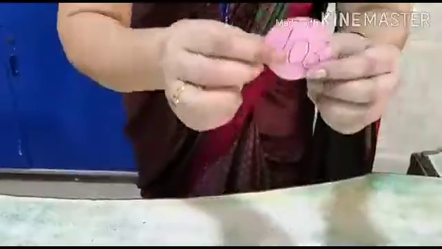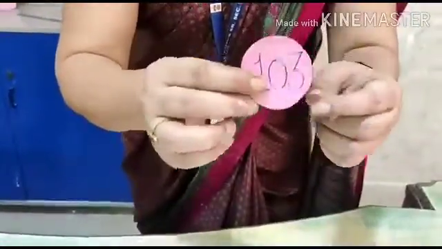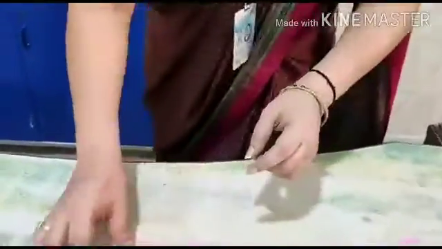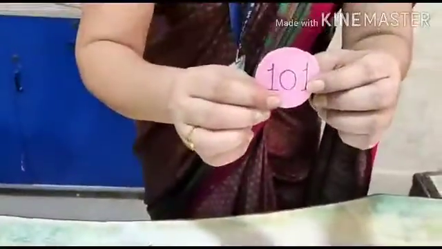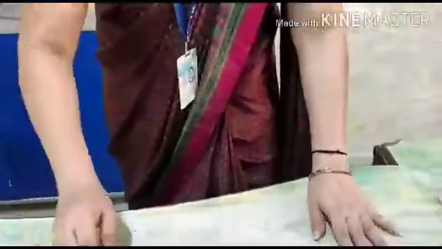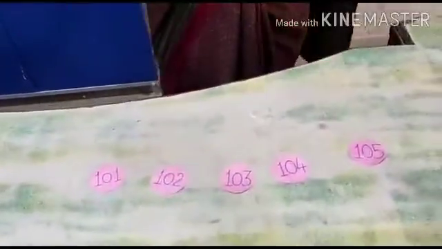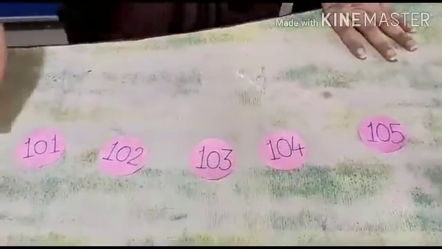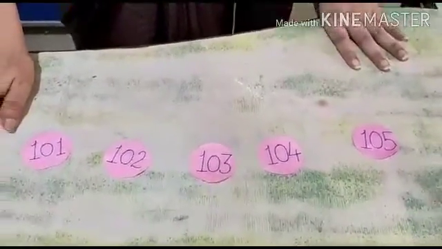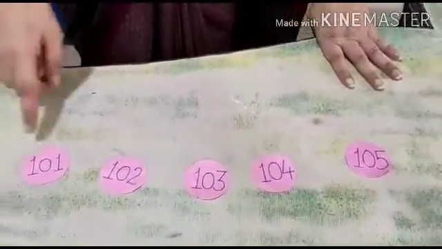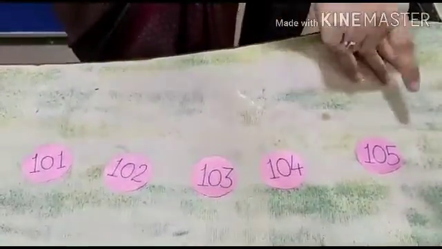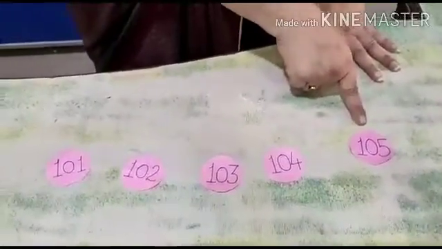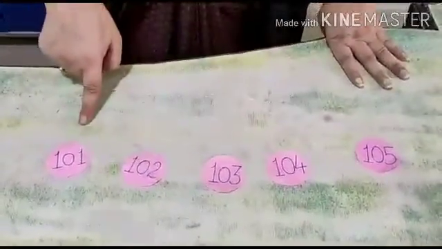After this we have to write 103, then 102, and last we have to write 101. So this is the backward number. Upward counting means we have to go from small number to big number. Backward counting means we have to come back from big number to small number.